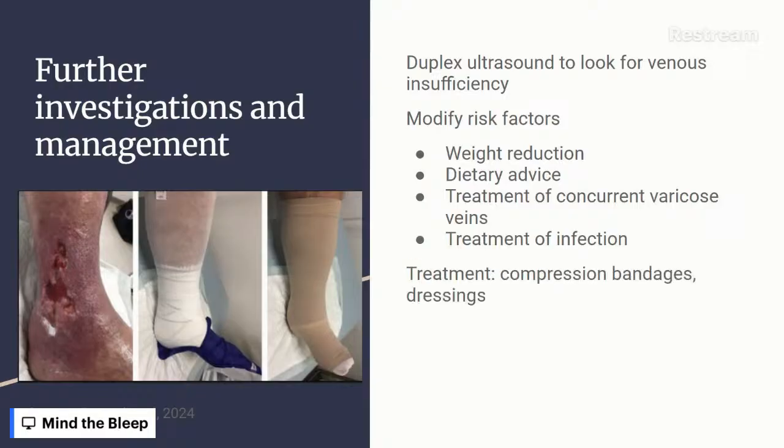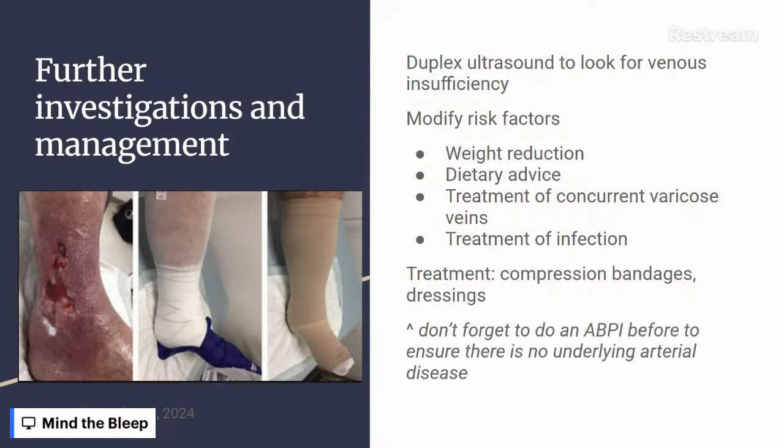That's primarily through compression bandaging and also applying appropriate dressing to minimize infection and keep them from spreading any further. Of course, you'd also want to do an ABPI to rule out any underlying arterial disease, because if there is, then of course the management for that differs.